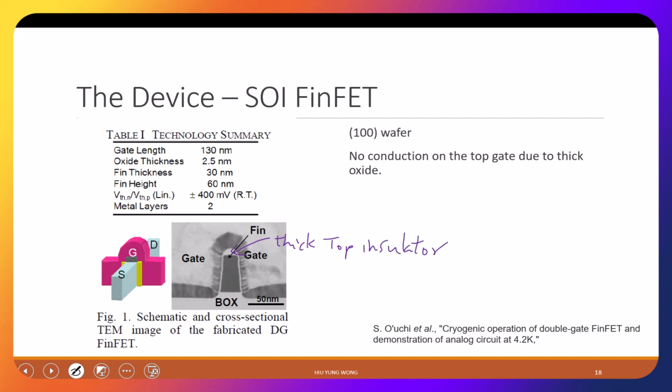Because of that, you only have two channels on the side wall. This is one of the common FinFETs that you have. Because this is so thick, it cannot act as a gate, although you have a gate on top. So you only have the current flowing along this line and this line.